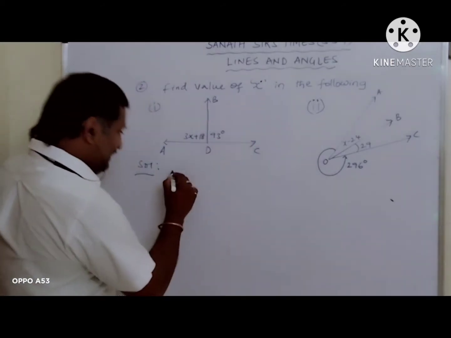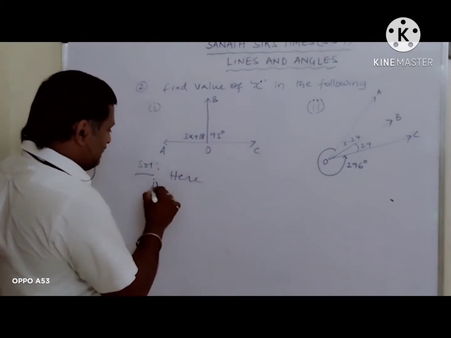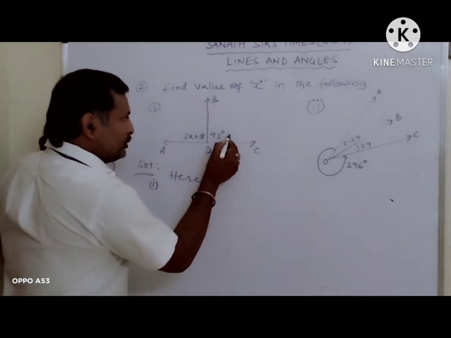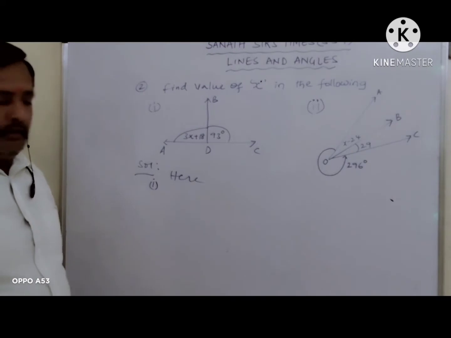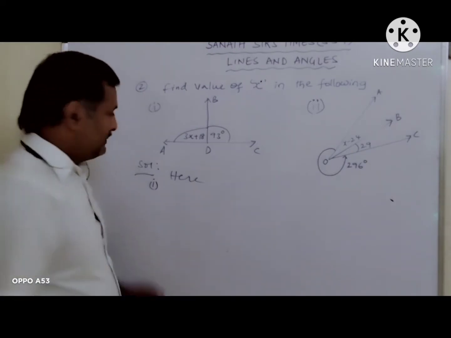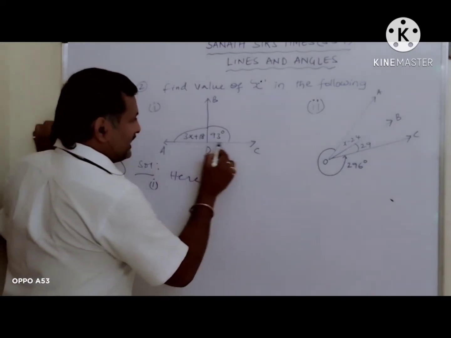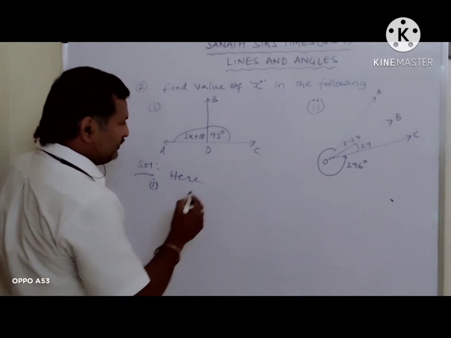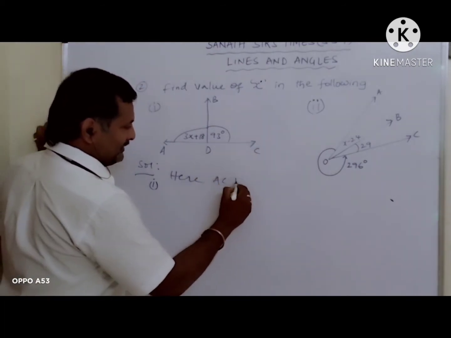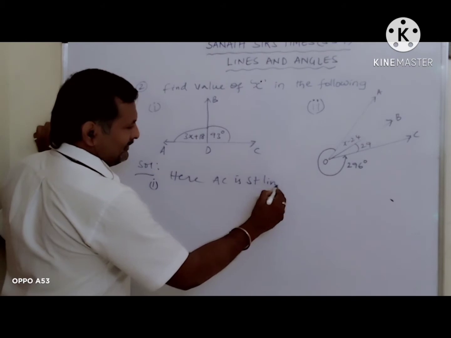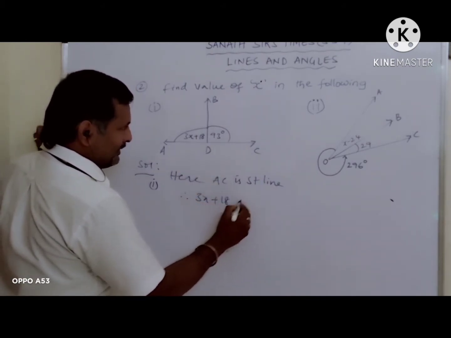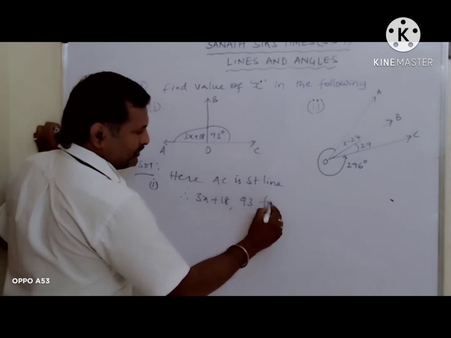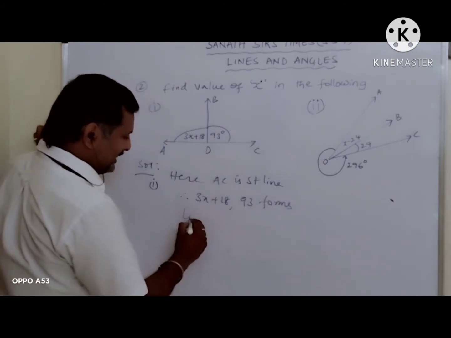So here, solution: these two angles form a linear pair, and this is a straight line AC. So AC is a straight line. Therefore, 3x plus 18 and 93 form a linear pair.